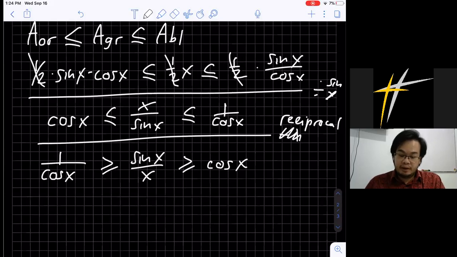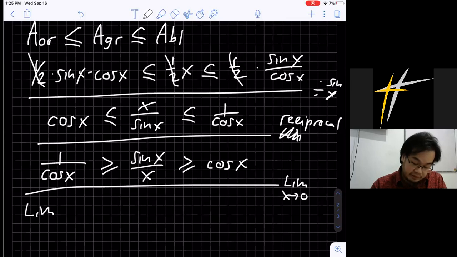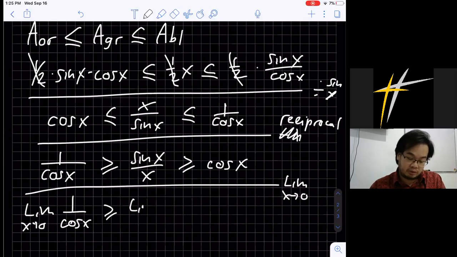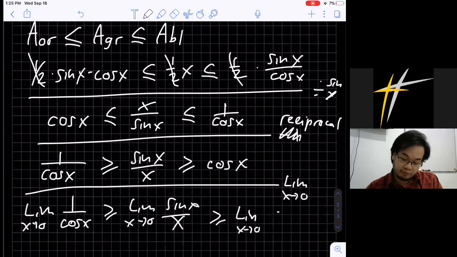Okay, and then I put the limit as x approaching 0 to all sides. So I will have the limit as x approaching 0 of 1 over cosine x is greater or equal to the limit of x approaching 0 of sine x over x, and it's greater or equal to the limit of x approaching 0 of cosine x.